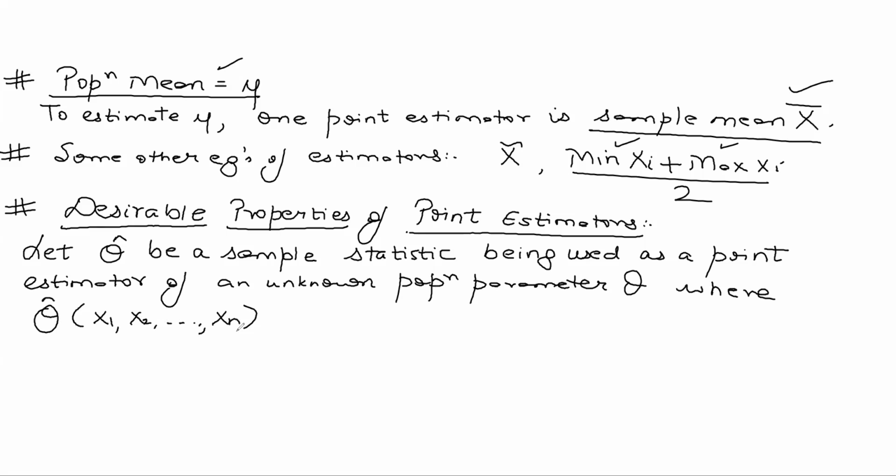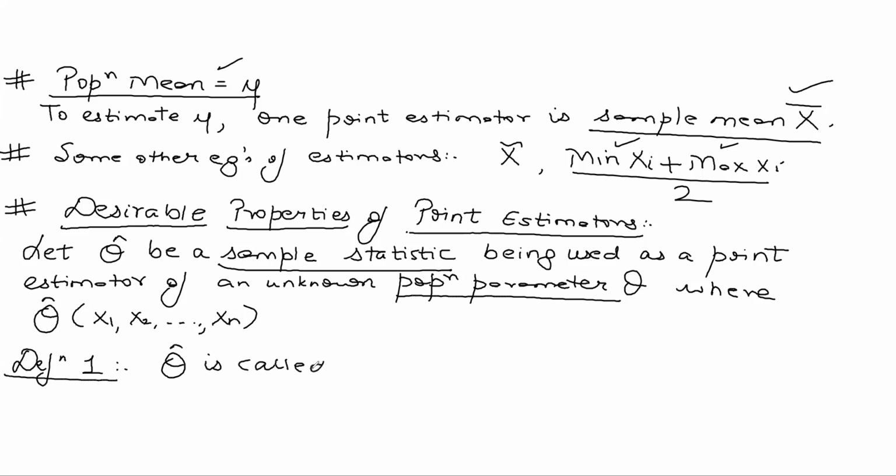Okay, so let theta hat be the sample statistic, which is called the point estimator of the unknown population parameter theta. And all of us know that the sample statistic theta hat is a function of x1, x2, dot, dot, dot, xn. Then the first definition for the day, the first property: theta hat is called a linear estimator.